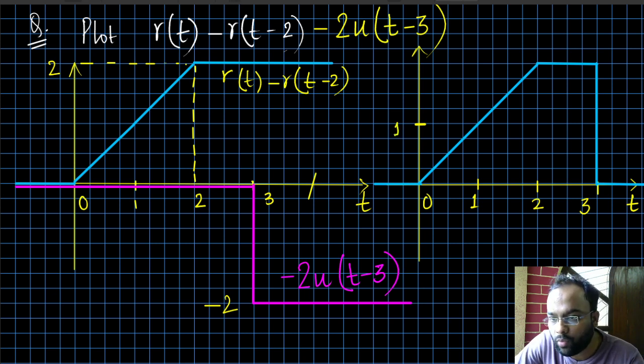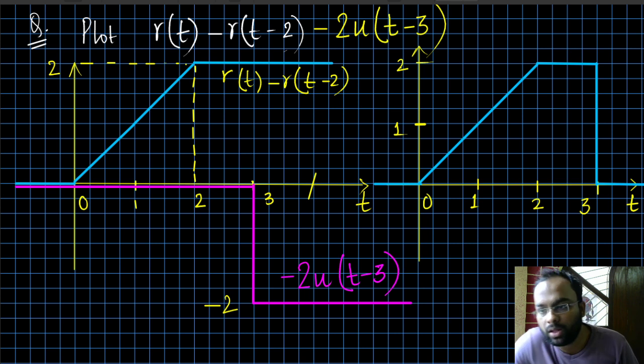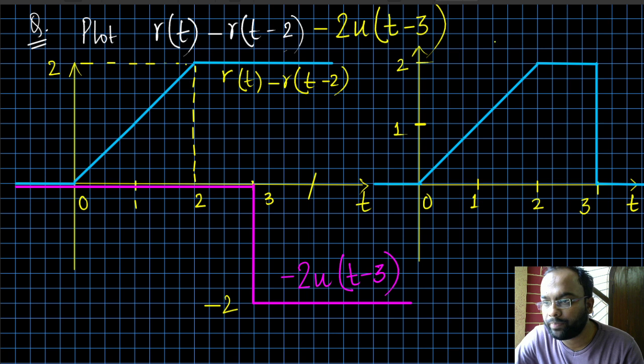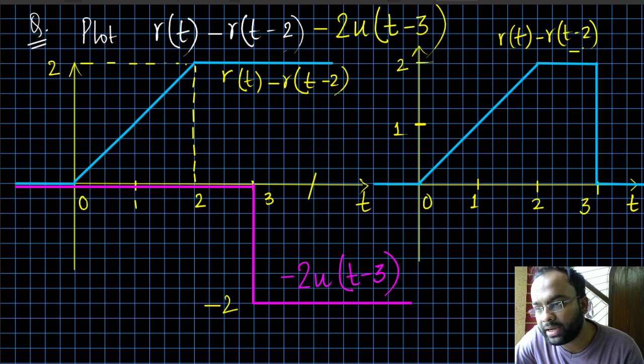So this is the value of 1, this is the value of 2. And so obviously this is r(t minus 2) minus 2 u(t minus 3).